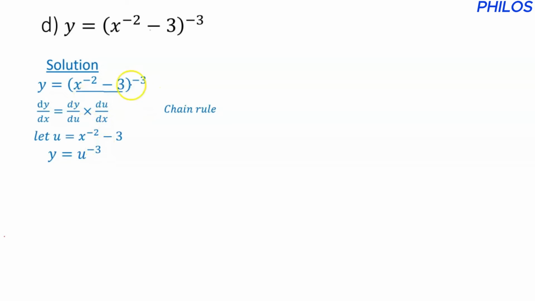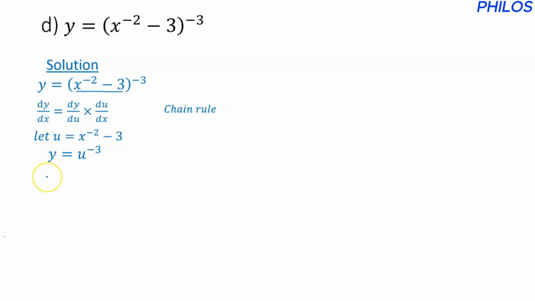So after writing u as a function of x and y as a function of u, we can find dy du and also du over dx, and multiply them to get dy over dx.